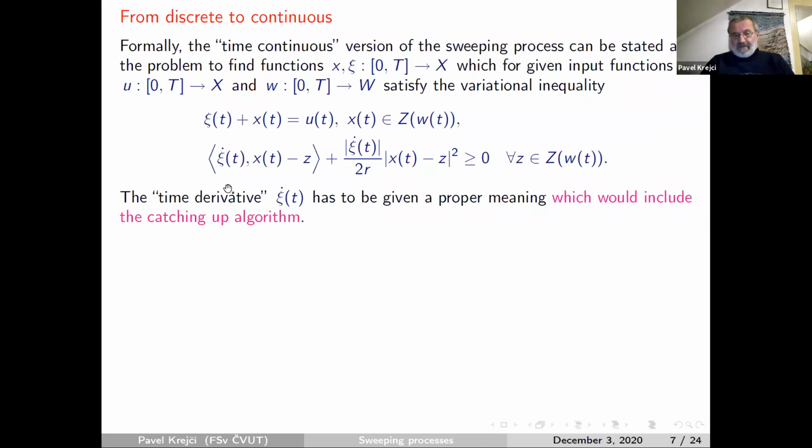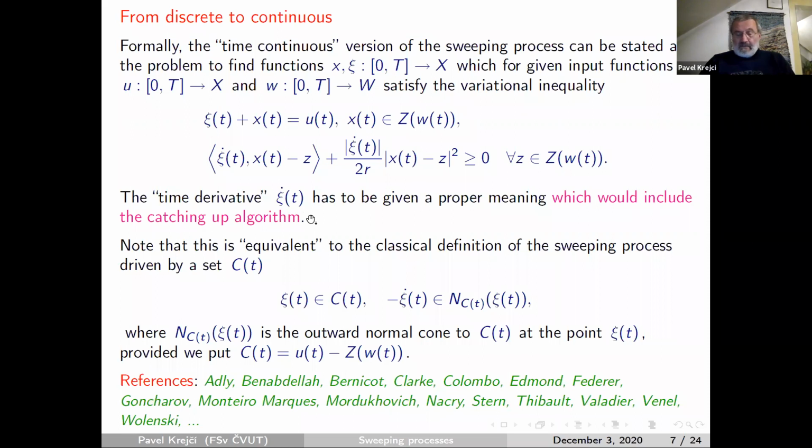It can be the difference of the consecutive solutions. This can be a derivative, or this can be something else. And so let me say that the variational inequality formulation is perfectly equivalent, modulo the interpretation of what is xi dot.